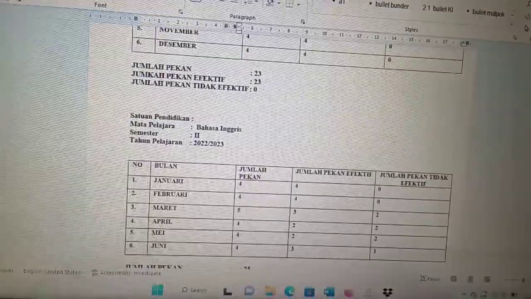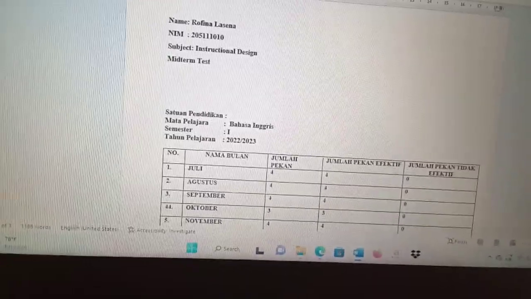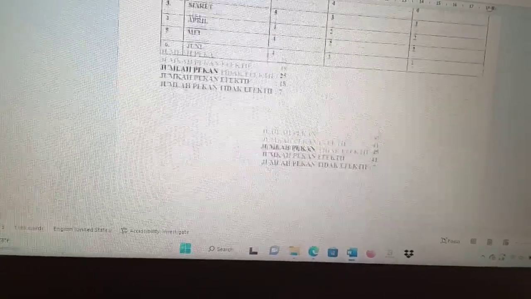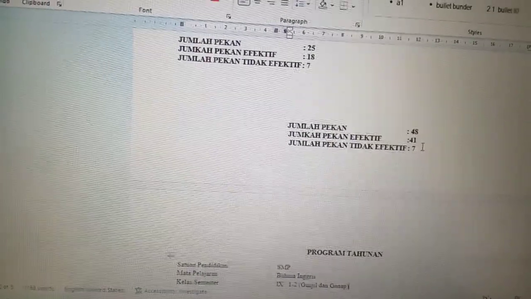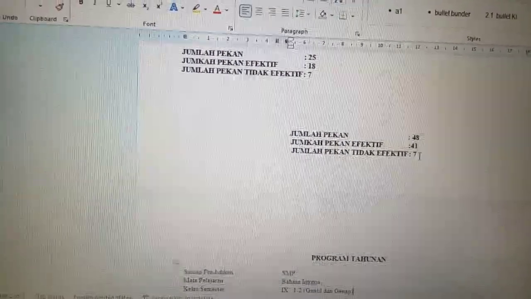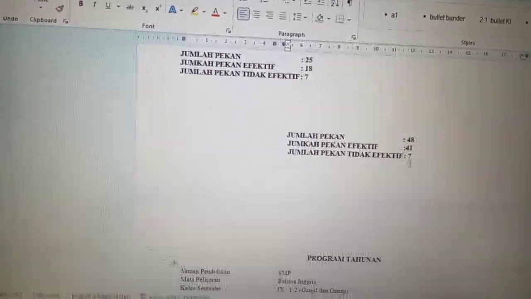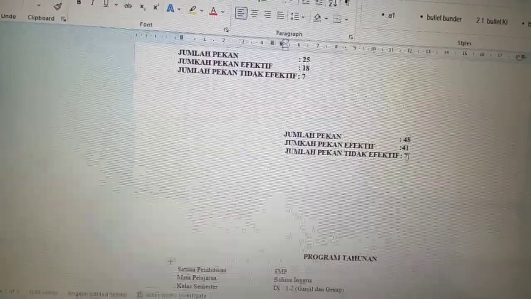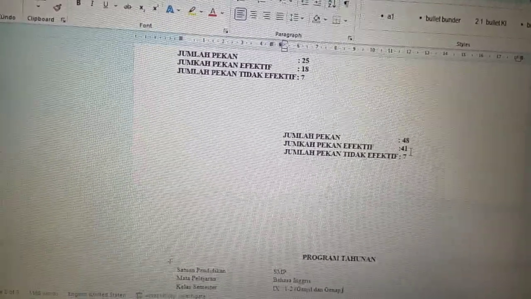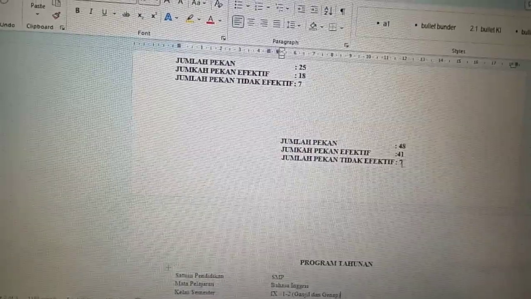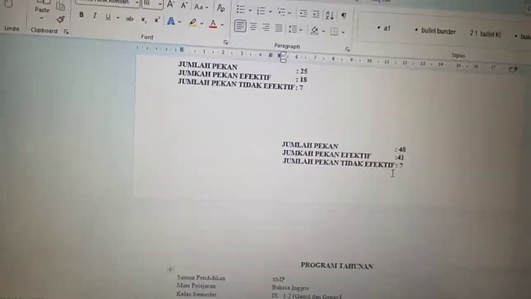Then in the first semester there was no ineffective week. Only in the second semester there were 7 ineffective weeks. So as we can see here, 41 plus 7 equal to 48 weeks.